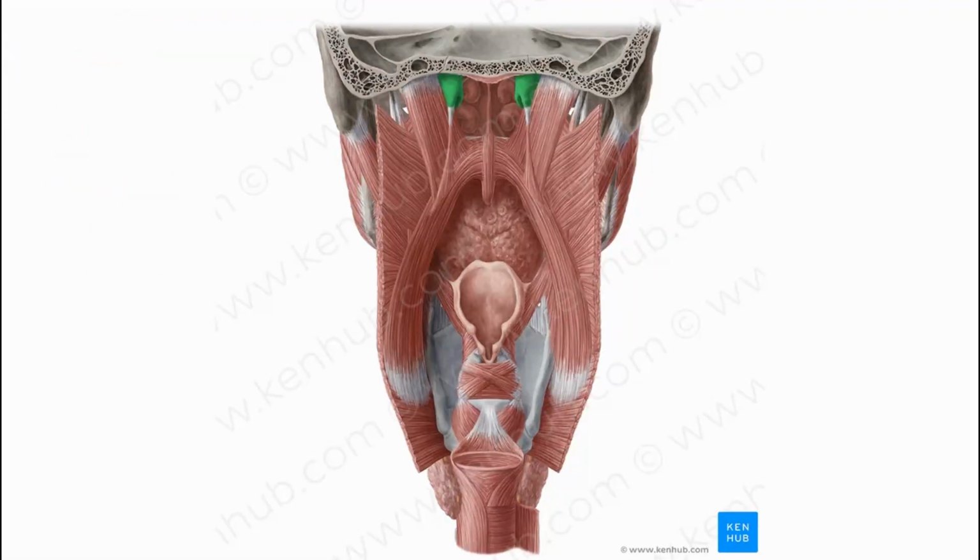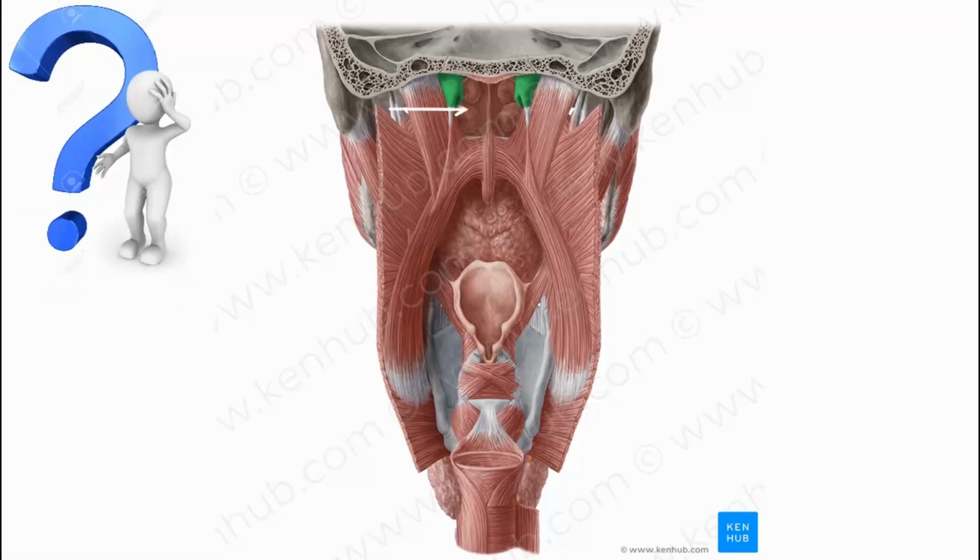Now, if we open the posterior wall of the pharynx, we are going to see the posterior opening of the nasal cavity, the posterior nares, and then we can see the posterior third of the tongue. This is where the mouth opens into the pharynx, and then we can see the opening of the larynx made by a cartilage called the epiglottis.